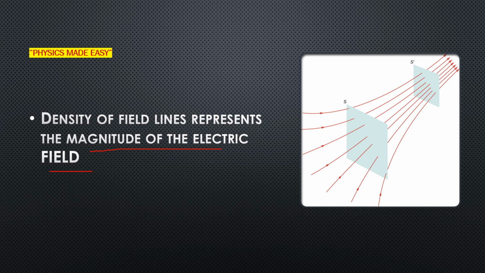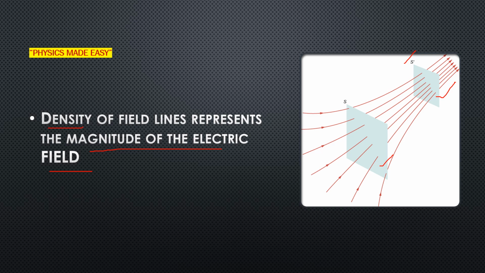So in the area S dash we see that the electric field lines are very close or crowded, which means that the electric field is strong at this point, and when the field lines are far away or spread out, like it is shown for the plate having the area S, it means that the electric field is weaker.